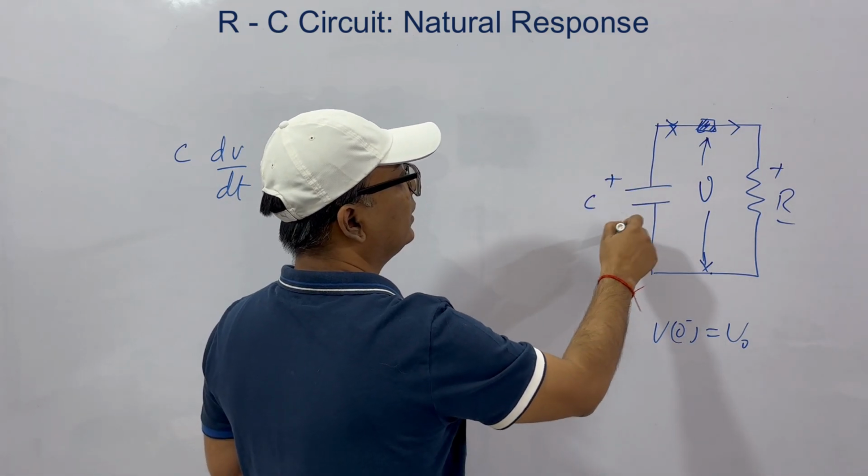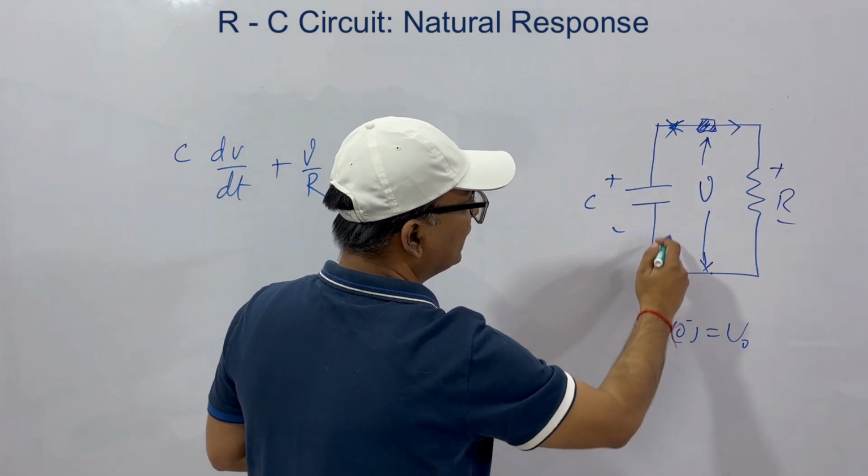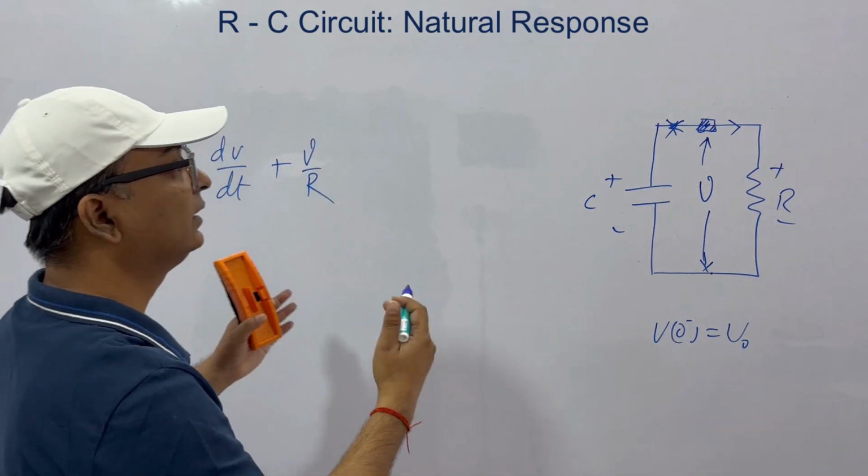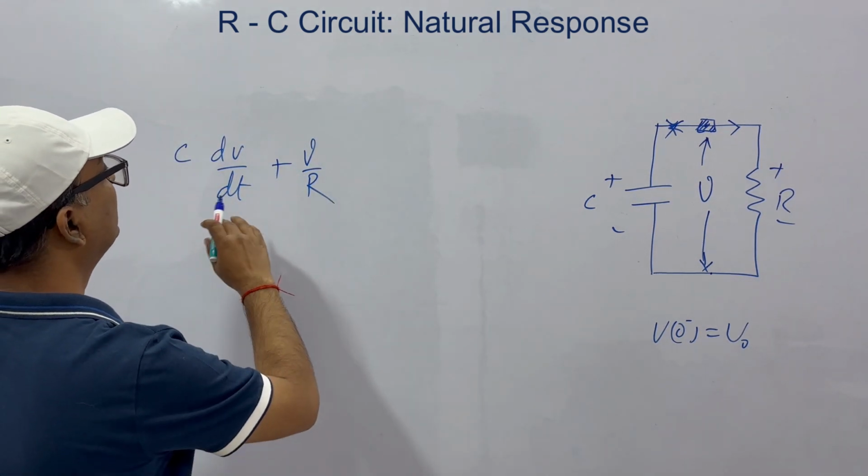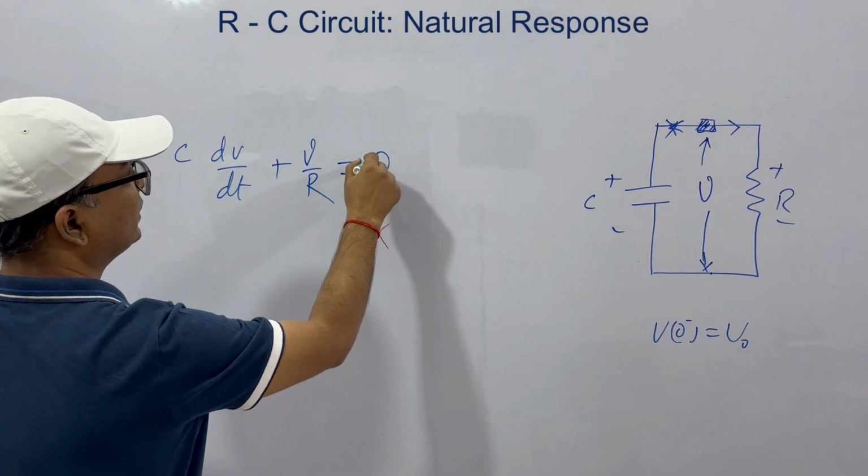For KCL we say this is the current going through this direction and this is the current going through this direction. They have to be in equilibrium, they have to be equal, better to say. So this is equal to 0.